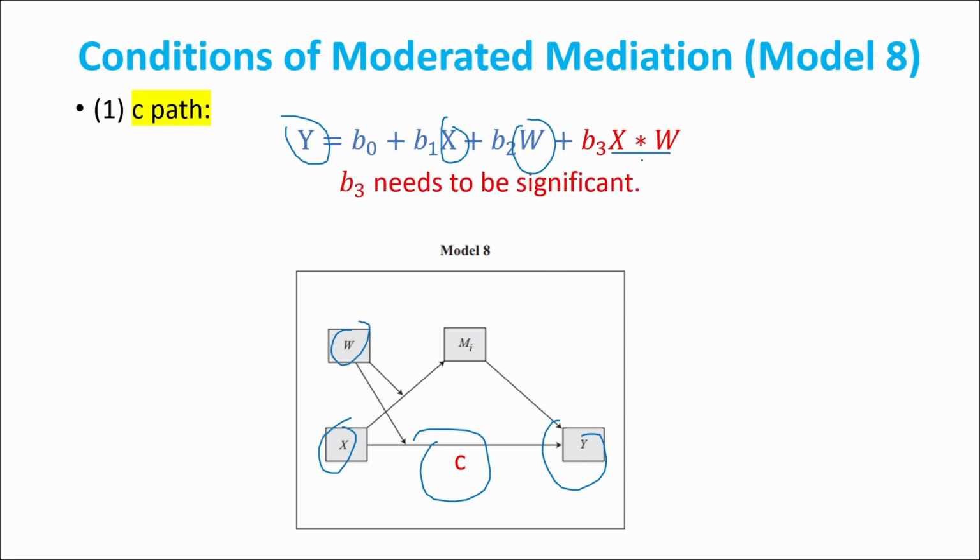The key point here is that we would like to make sure that B3 is significant. You might have a question whether B1 and B2 need to be significant. The answer is no, they do not really matter, because we're talking about moderated mediation, and for the C path it needs the interaction term to be significant. But B1 and B2 don't really matter.